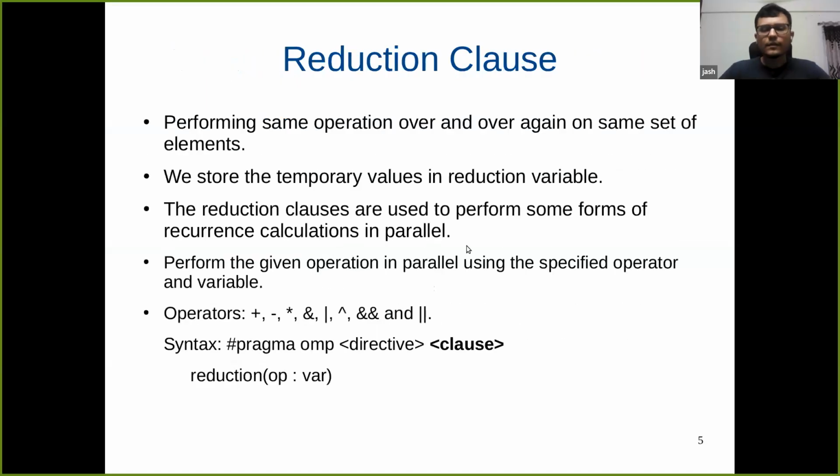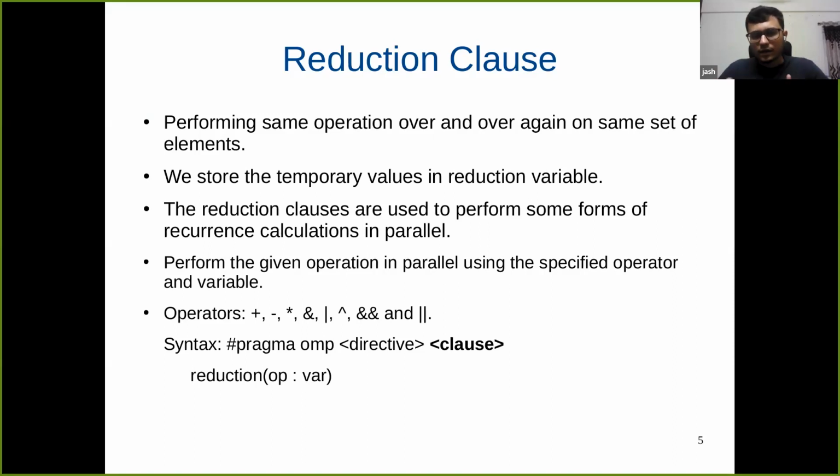So reduction is nothing but doing a similar operation again and again on a particular set of elements. In the example that we saw, the repeated operation was the calculation of the trapezoidal rule. If we are performing the same set of operations over and over again on this set of elements, then we can use the reduction.